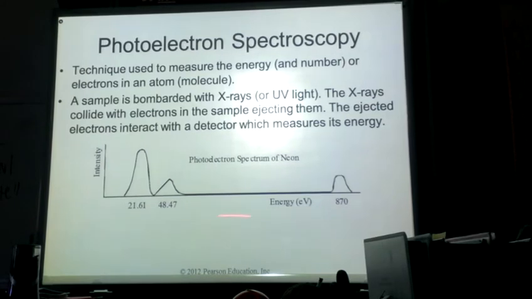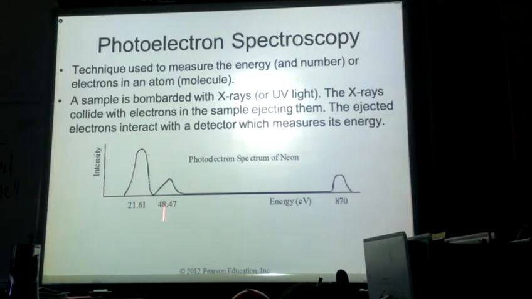If I'm graphing energy versus intensity, which one of these has to be the 2p6 orbital? It has to be this one. It has to be the tallest one because I have 6 electrons in this really tall peak versus the other ones which are smaller, which then would mean that I would have about 2 in those peaks. So this is my 2p6 peak. This then must be my 2s peak, and this is my 1s peak.